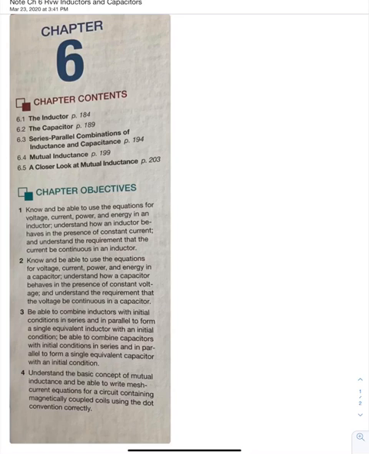We want to cover the equations for voltage, current, power, and energy for an inductor, and voltage, current, power, and energy in a capacitor. Inductors and capacitors are ideal circuit elements. The circuit analysis techniques we learned in chapters 3 and 4 apply to inductors and capacitors.